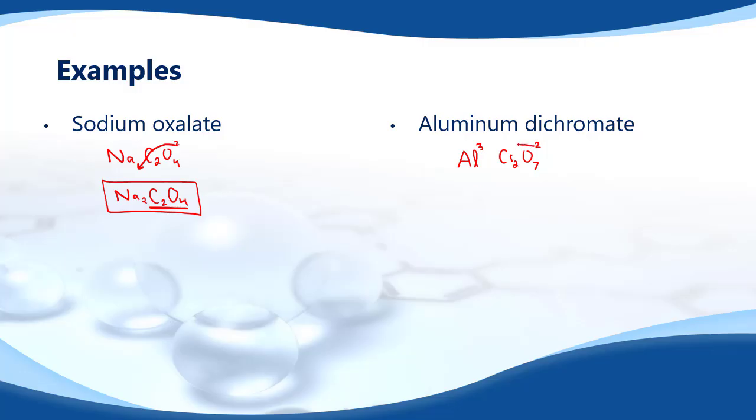So I'm going to drop the 2 down next to aluminum and the 3 next to my dichromate. I'm going to get Al2(Cr2O7)3, and because I'm dropping a 3 next to the group, it goes in parentheses with the 3 on the outside. So this is doing drop and swap with polyatomic ions. It works very similarly to what we've done before.